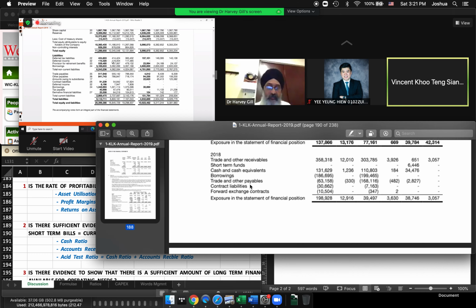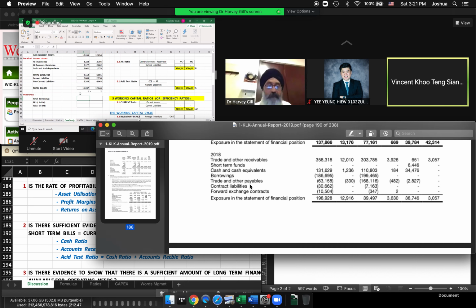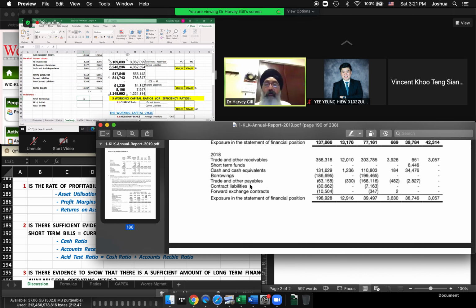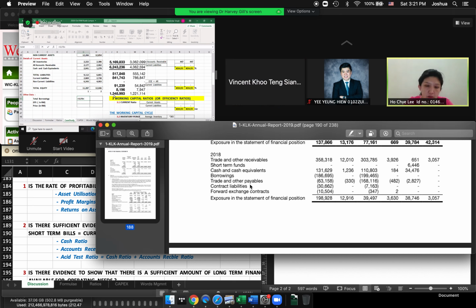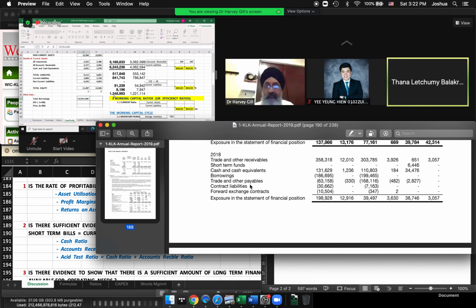Put it here. So my total borrowing will be equal to, and this is how I propose you do your work exactly, 5170, I think, plus the last number 1349. 6519.